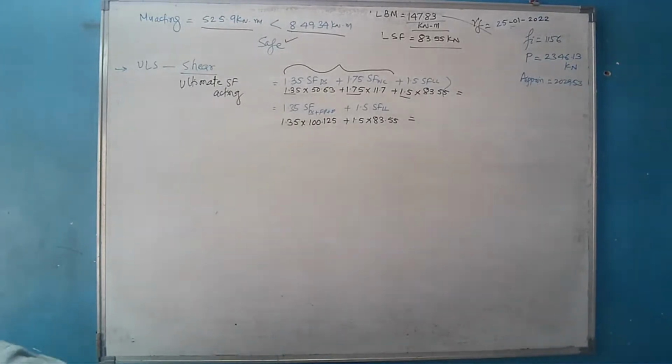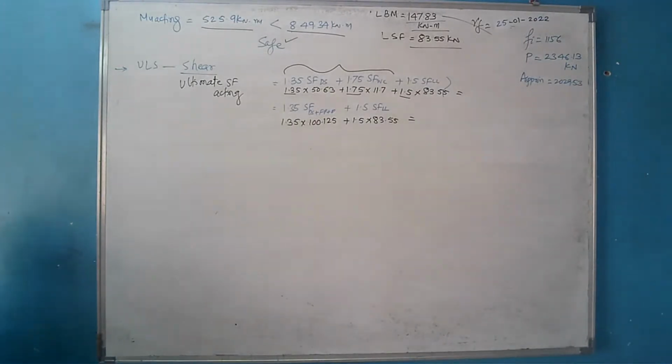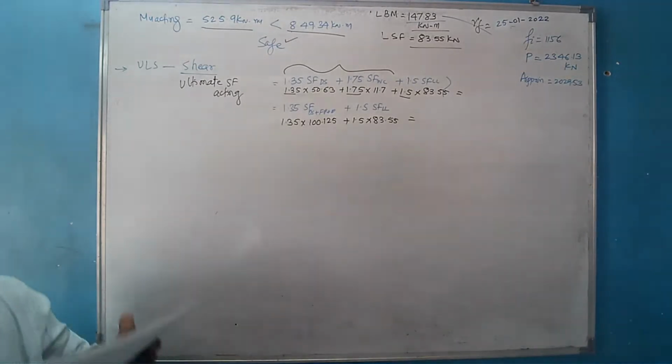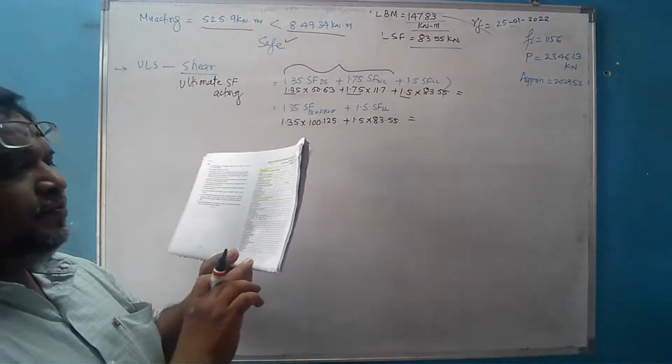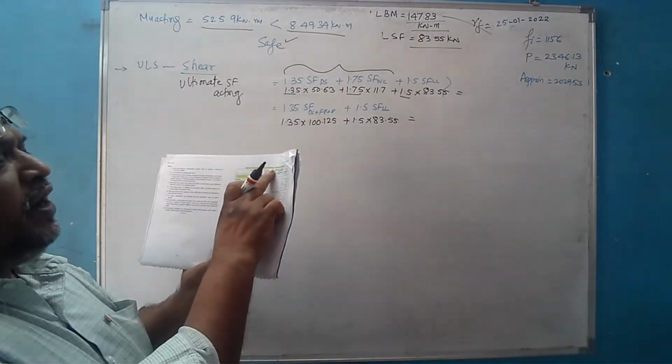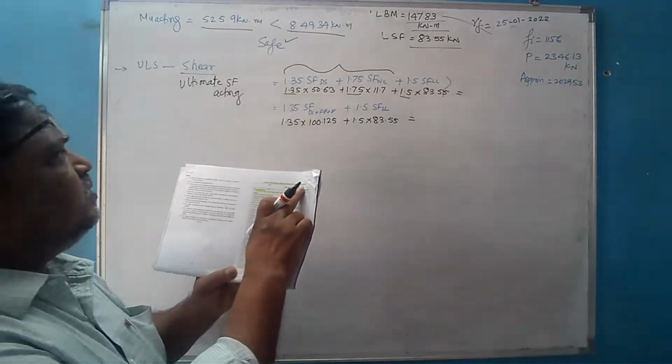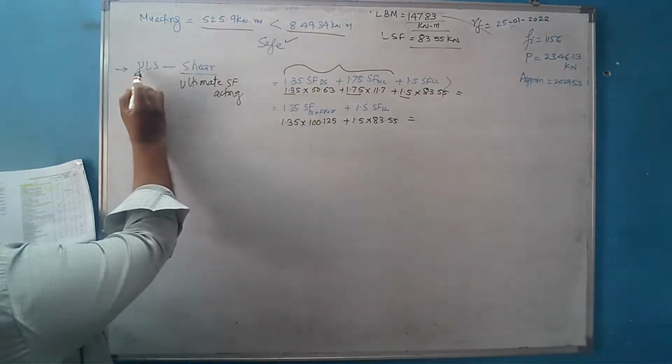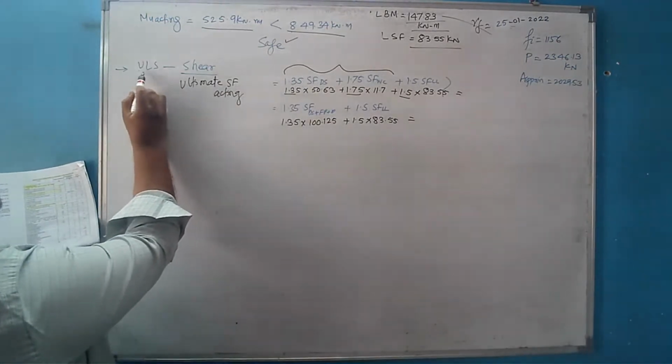Now, where did we get those values of gamma as the partial safety factor for loads? Those values we had got from IRC 6. अगर आप IRC 6 देखते हो, it is on page number 93. What you will find? Partial safety factor for verification of structural strength. तो हम जो सॉल्व कर रहे हैं ultimate limit state.